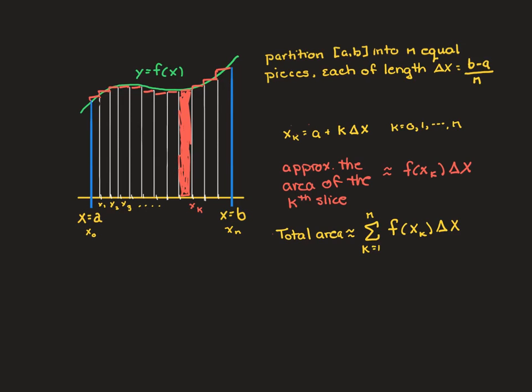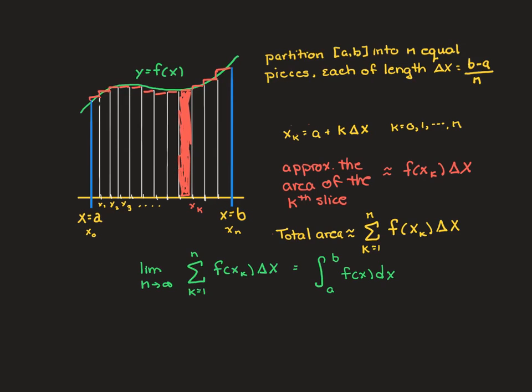And if we take the limit as n grows without bound of the sum, k equals 1 to n, f of x sub k delta x, that gives us the integral from a to b of f of x dx.